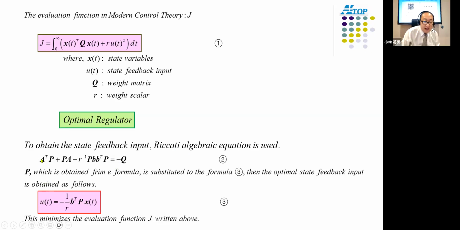Here, A is given, from the state equations. R and Q are also given by the designer of the controller of the system. D is also given in the state equations.